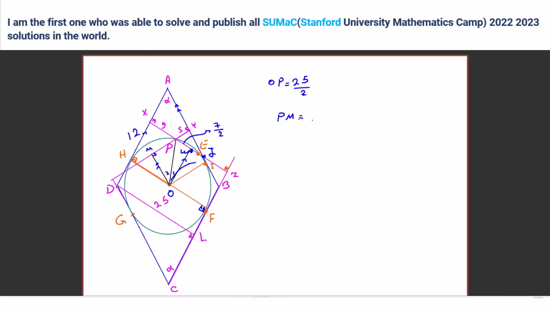So do you agree you can say it is MY minus PY? Yes. MY is what? MY is 25 over 2. PY is 5. So it is 25 over 2 minus 5, so 15 over 2.